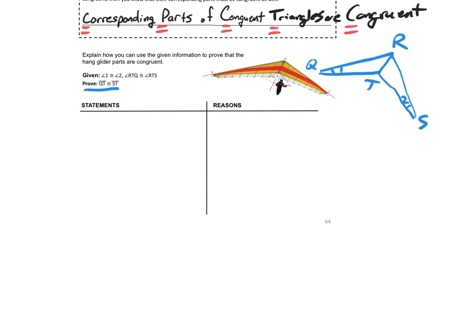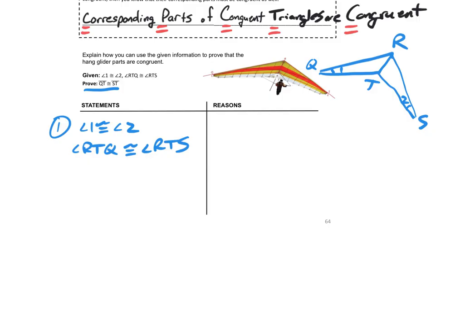We also know that angle RTQ is congruent to angle RTS. Okay? Now, we got to follow the path of the letters here, guys. And I think some of us are doing a really good job of this, and others are kind of struggling with which angle we're really talking about here.